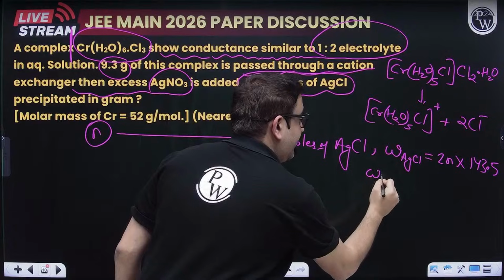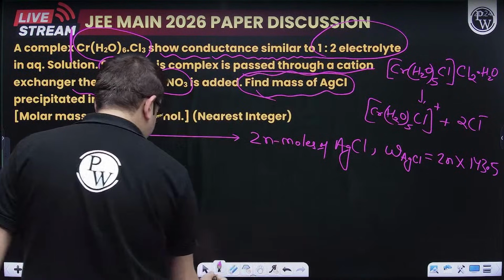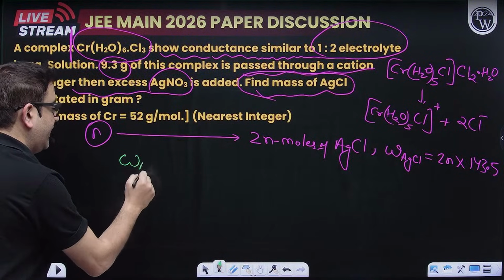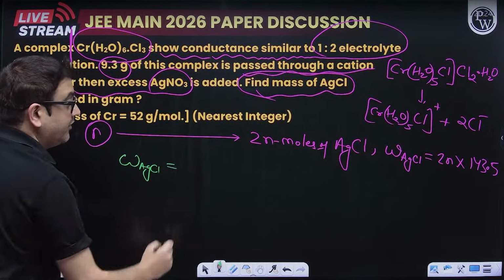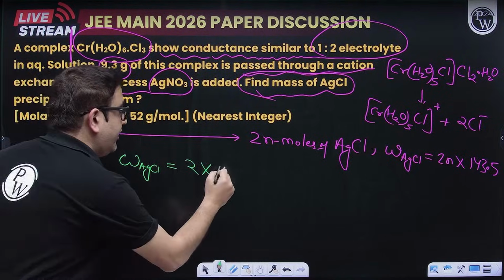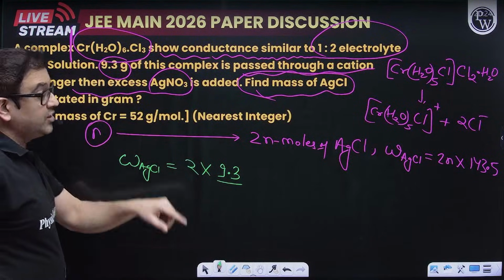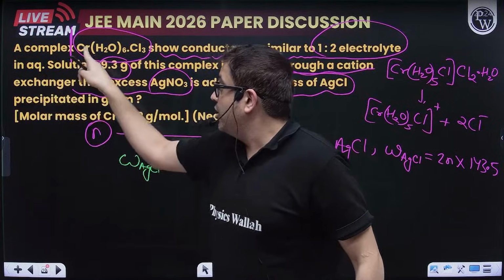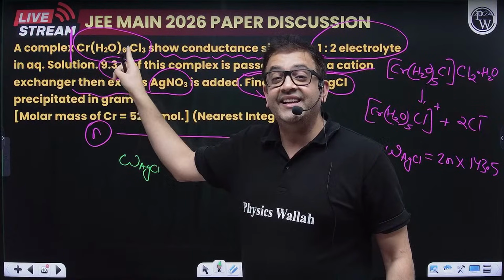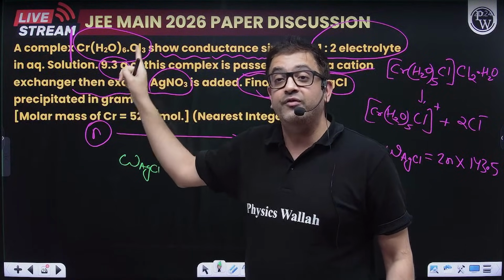So the weight of AgCl precipitated will be 2 into number of moles. Given weight of complex is 9.3 upon its molecular mass. You have to calculate the molecular mass now. Chromium is 52 plus water is 18 into 6 plus chlorine is 35.5 into 3.